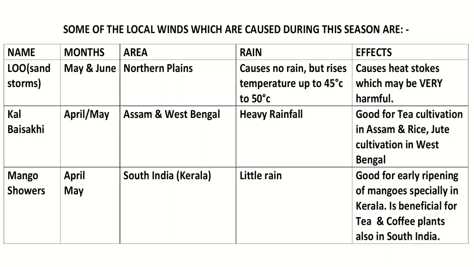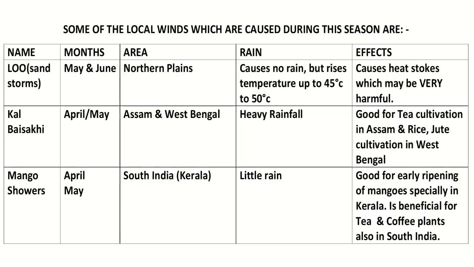Second type of local wind or thunderstorm, you can say, is the Kal Baisakhi. The months are April to May. Area: Assam and West Bengal. Heavy rainfall, and this rainfall is good for tea cultivation in Assam and rice and jute cultivation in West Bengal.